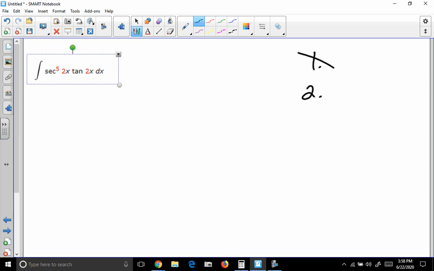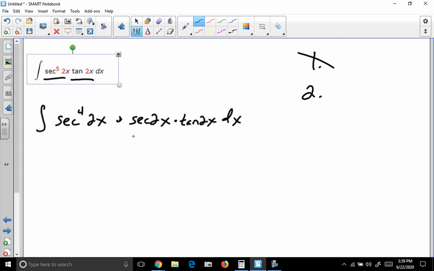Next rule, if our tangent is odd, that means we're going to have a tangent on the end. So we're going to put those secants with our tangent, and all of that is going to be part of our du. And remember, what has a derivative of secant tangent? That's secant. So u is going to be secant.